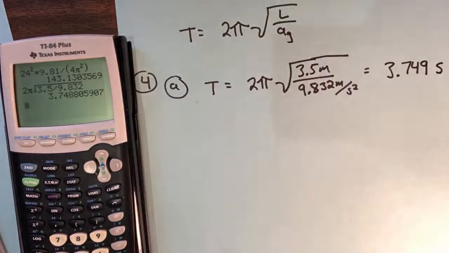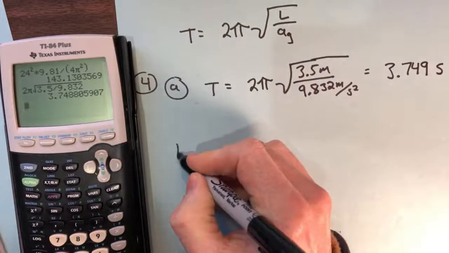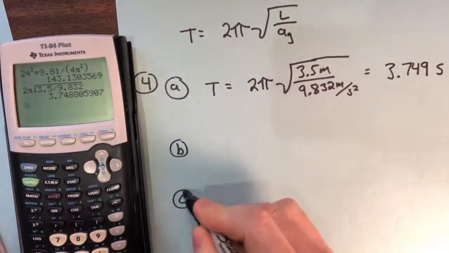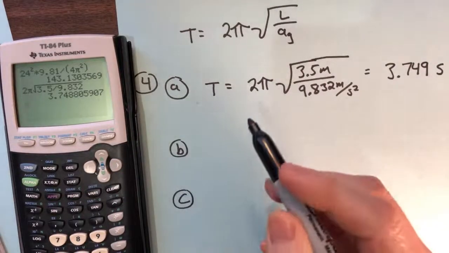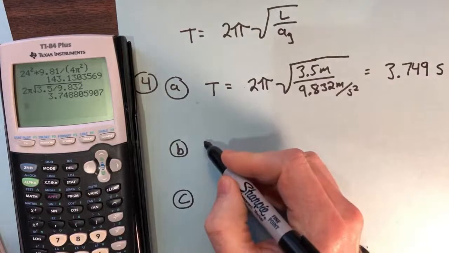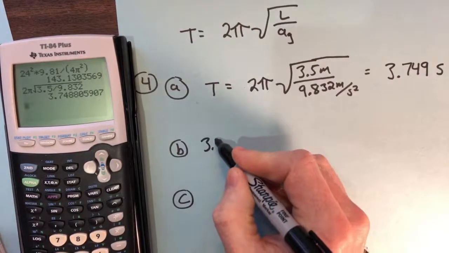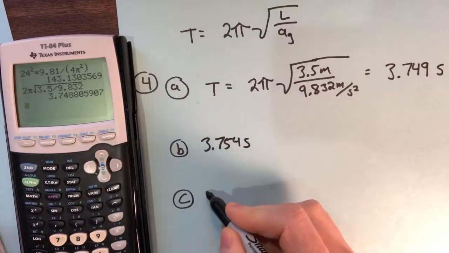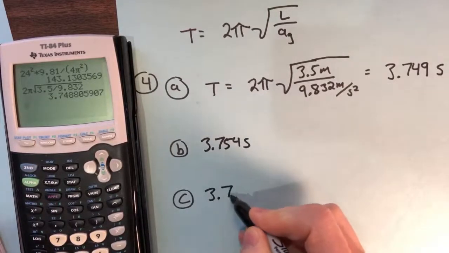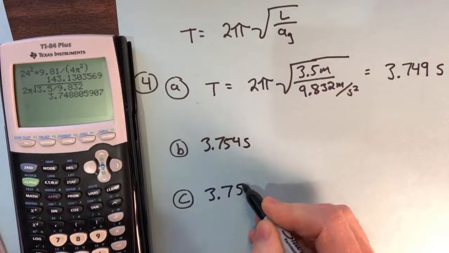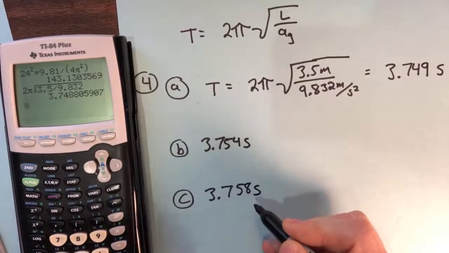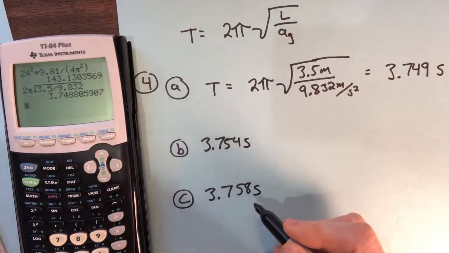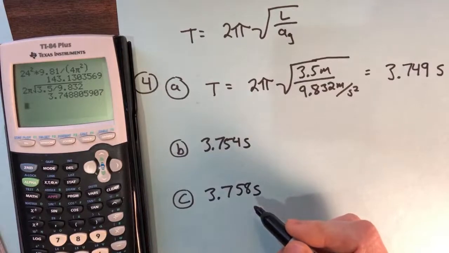You do the same thing for B and C, and let me write down the numbers. For B, I'm getting 3.754 seconds, and for C, I'm getting 3.758 seconds. Is that right? I think so.